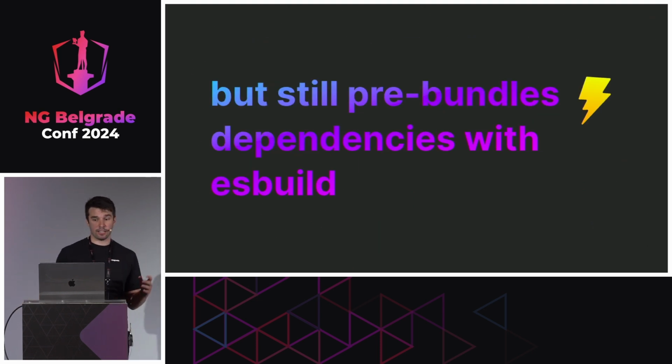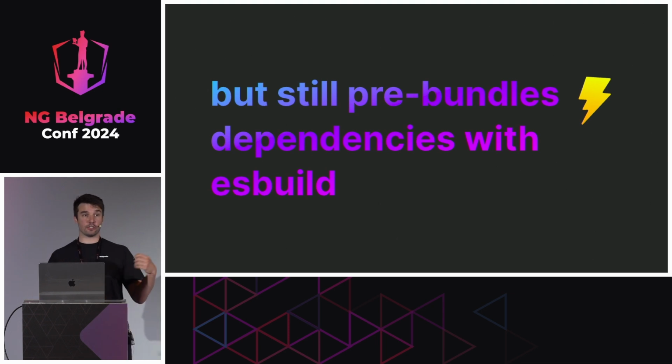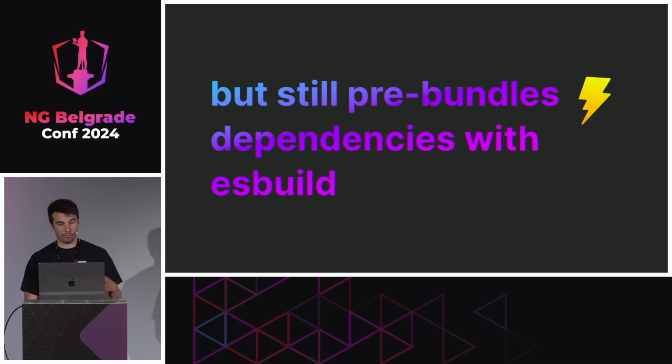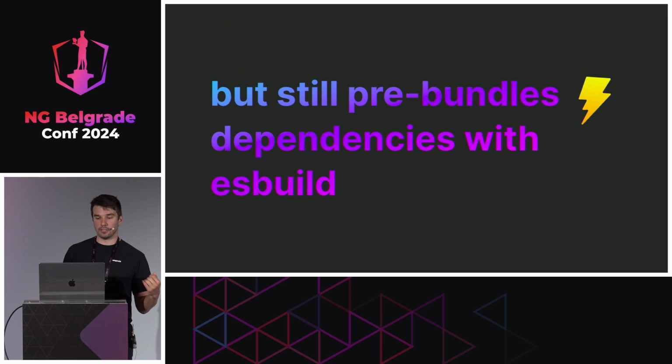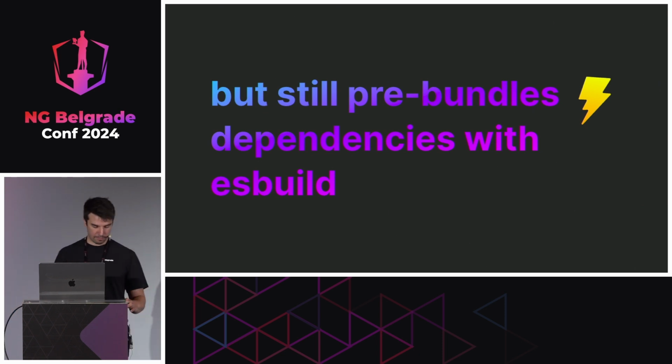But it's even smarter than that, because it distinguishes between your source code and your dependencies. Your source code is going to change a lot, right? You want that to be updated as you develop. But your dependencies often don't change that much. So in order to speed up the process and not have to fetch hundreds of modules from your dependencies, as you start the development server, Vite pre-bundles these dependencies with ESBuild, which we heard is a very fast Go-based bundler that turns source code into JavaScript.